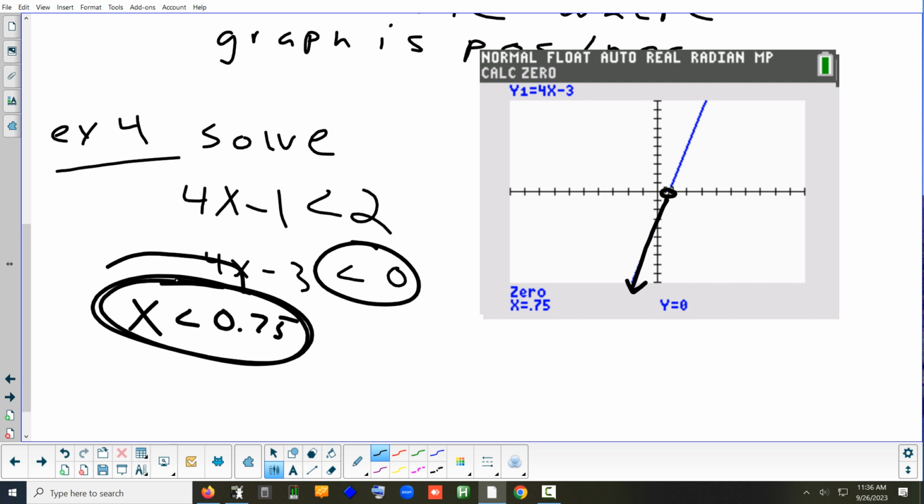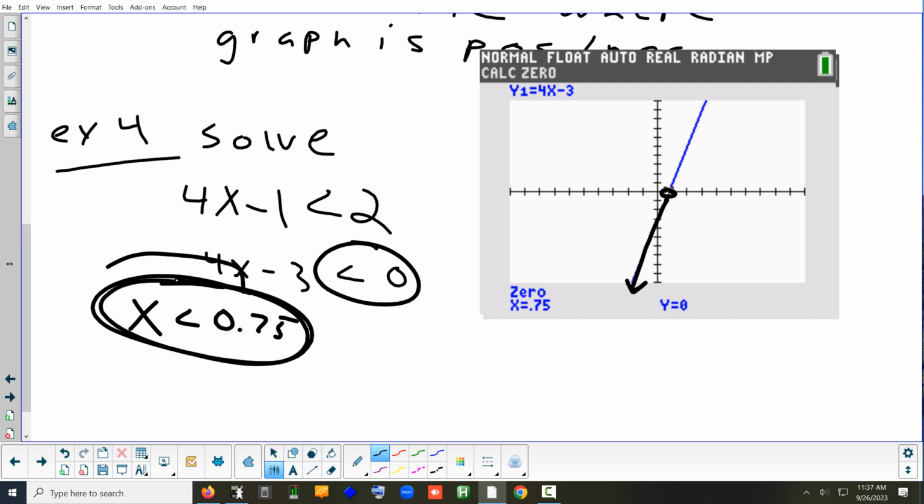That's a little bit different than what we're doing right here. That's usually when you have 2 variables, like y is less than 3x plus 5. Then you graph it like it's y equals mx plus b and then shade above or below. But you won't be doing that in this. You're just solving an inequality with 1 variable, not 2.